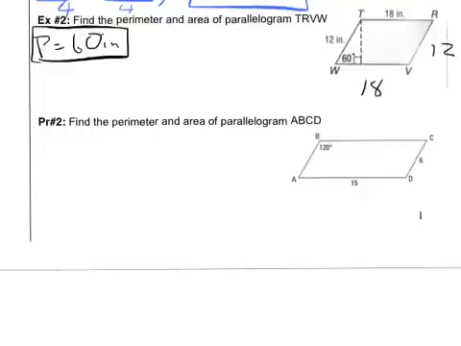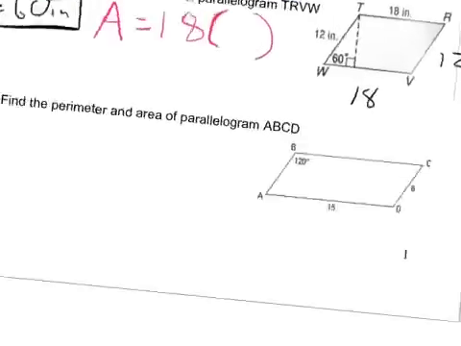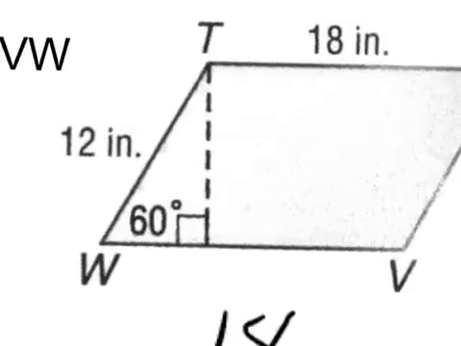Alright, that part's easy. In order to find the area, though, we need the base, which we do know is 18, and the height, which we do not know yet, but we could zoom in and find it. Let's do it. If I have a triangle with one angle 60, one angle 90, that means the other angle here is 30.